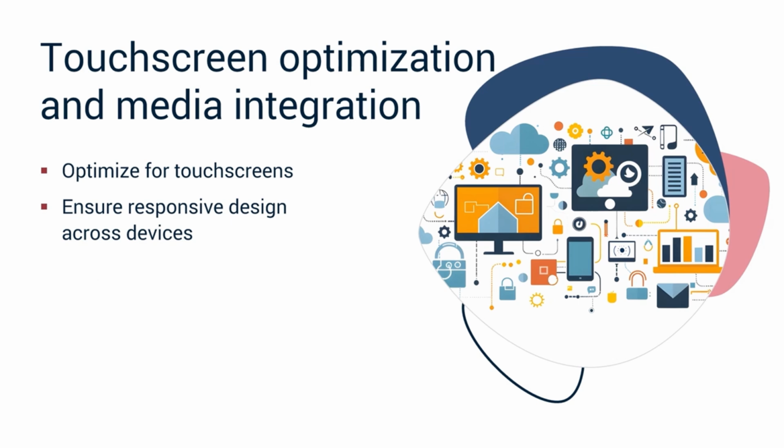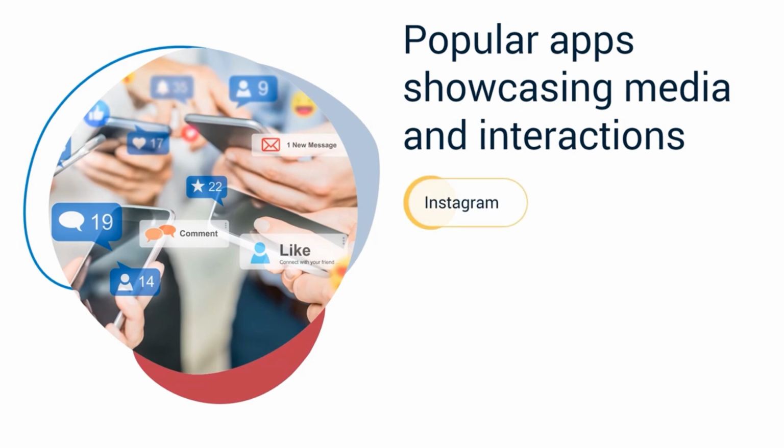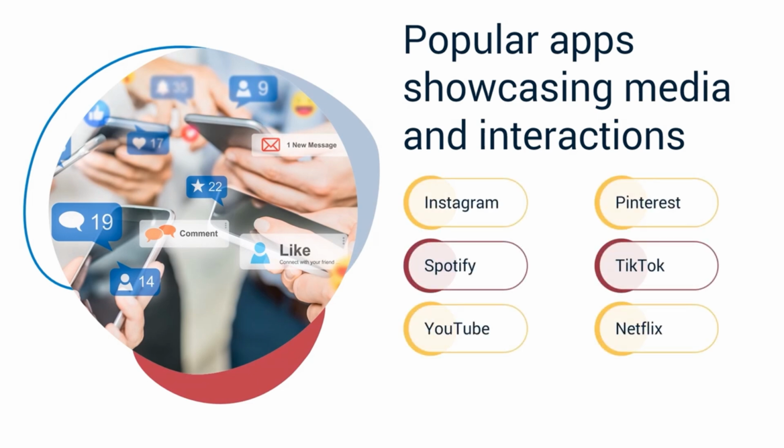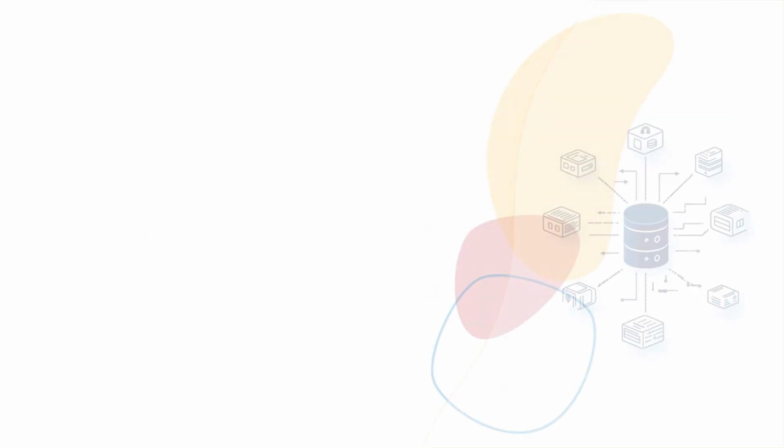You also learned to apply media elements like images and audio to make apps more engaging, capture attention, and enhance communication. Popular apps like Instagram, Spotify, YouTube, Pinterest, TikTok, Netflix, and Snapchat demonstrate how media and interactions create dynamic user experiences.